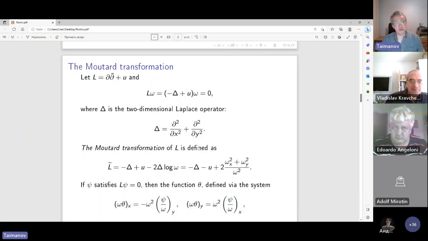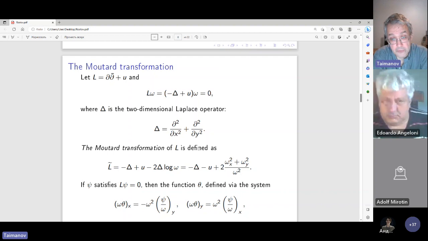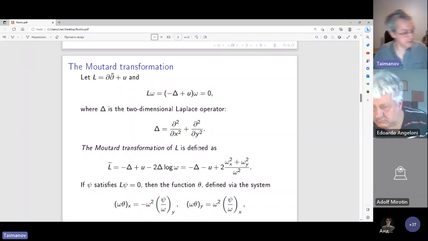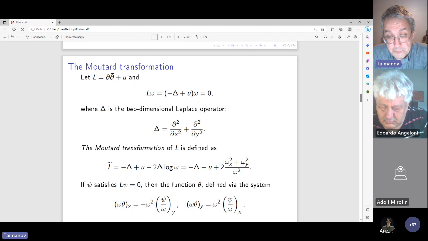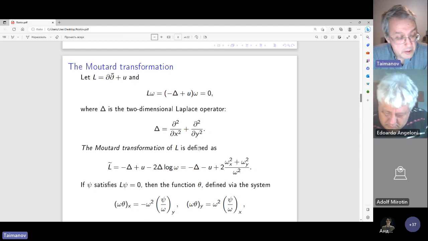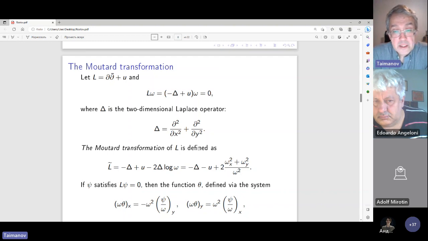So when Moutard, for instance, tried to construct new surfaces of negative curvature from the given surfaces of negative curvature, because you see this is a local transformation, it could be defined locally, and the idea was probably the following, because it is discussed in books, actually by Finikov, on projective differential geometry in Russian, where he explains these results of the French school of Laplace transformations, Moutard transformations, and it looks like the idea was the following.